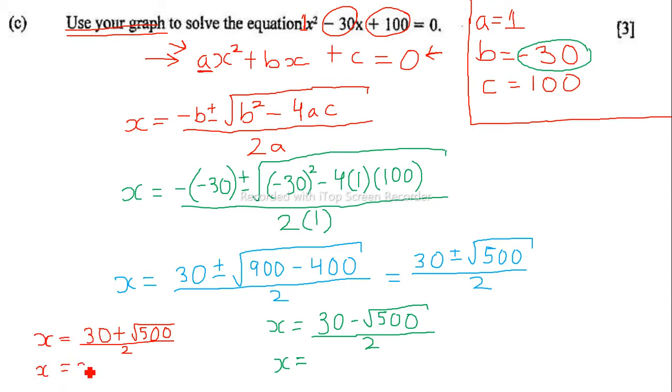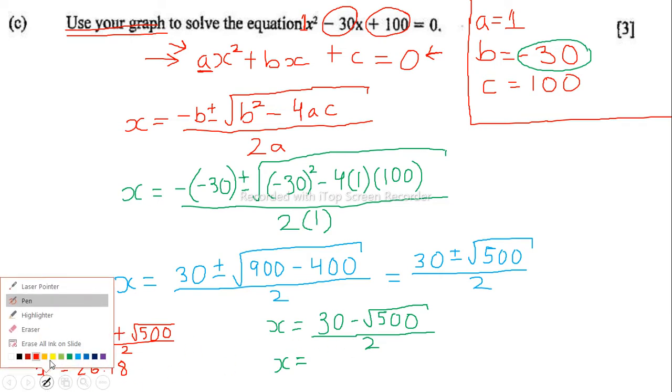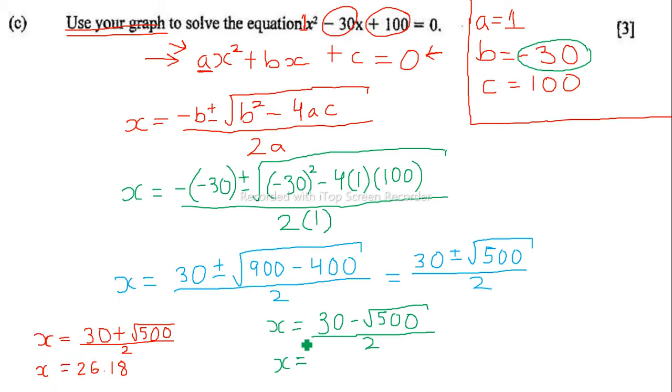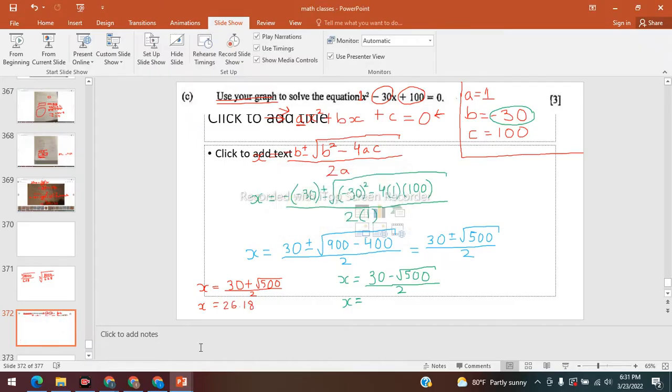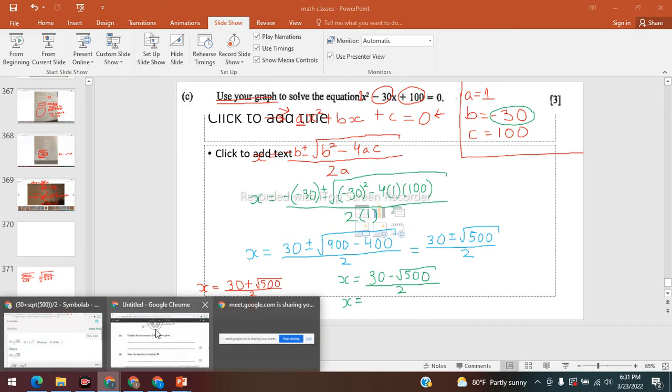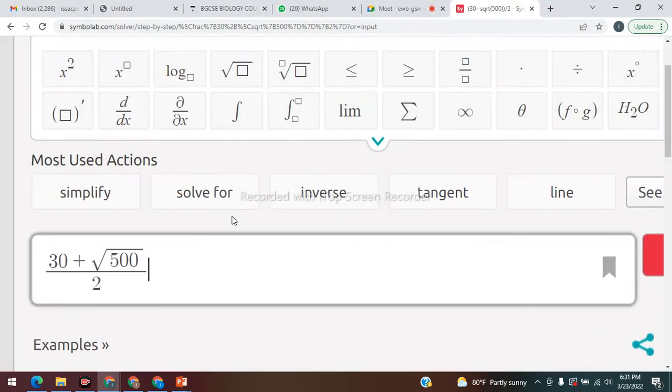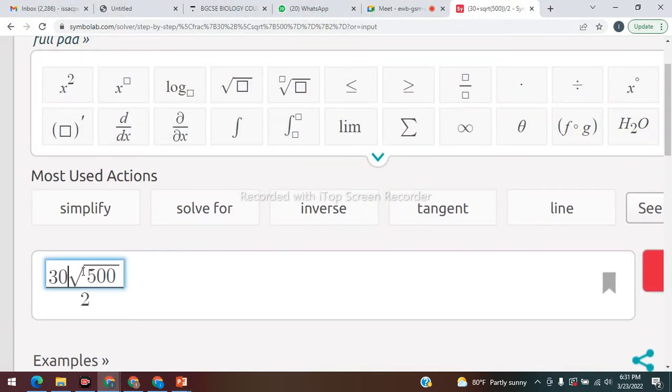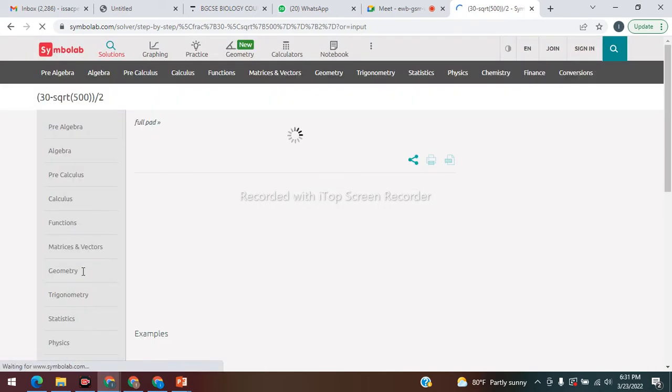So it's going to be 26.18. And then for the negative side, so this is the positive one. Now for the negative one, we get... It wouldn't be the same thing as a negative one. No.